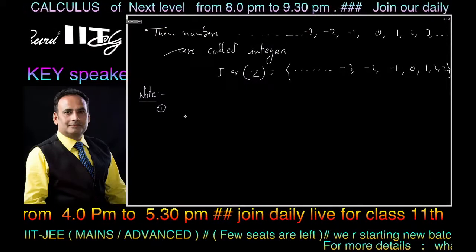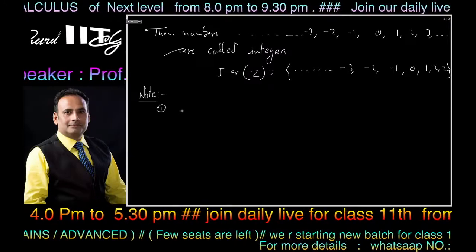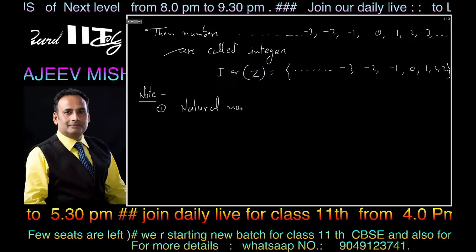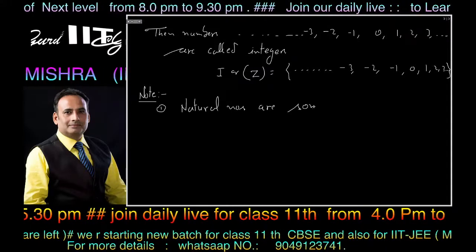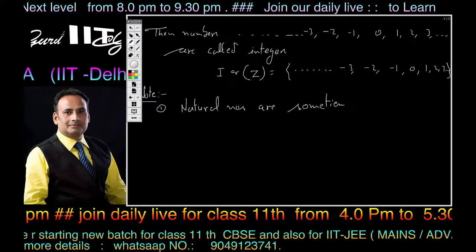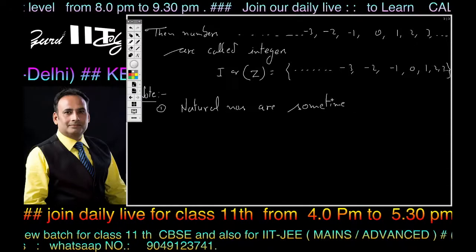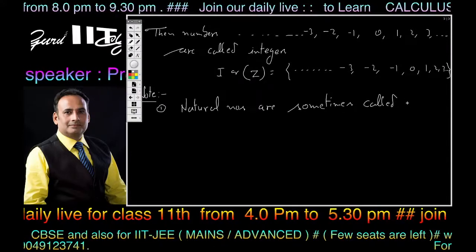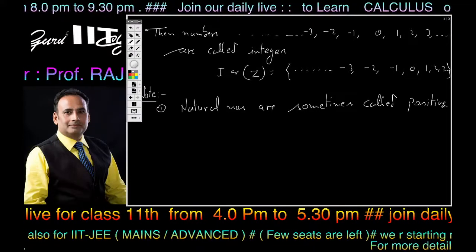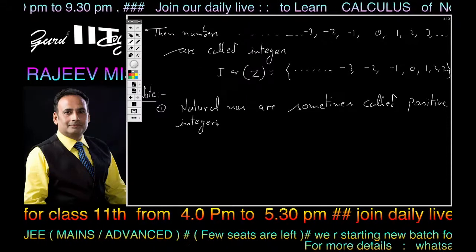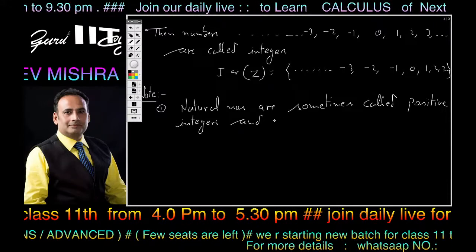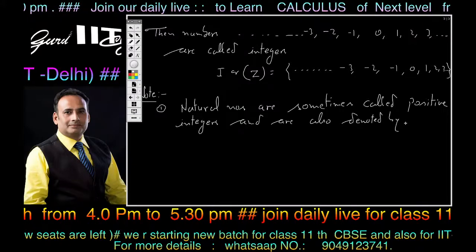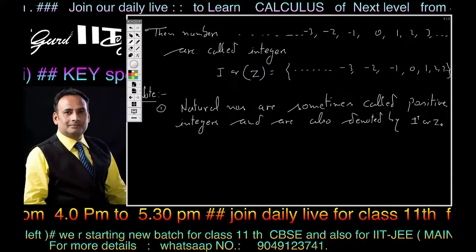So natural numbers are sometimes called positive integers, and are also denoted by I plus, or Z plus.